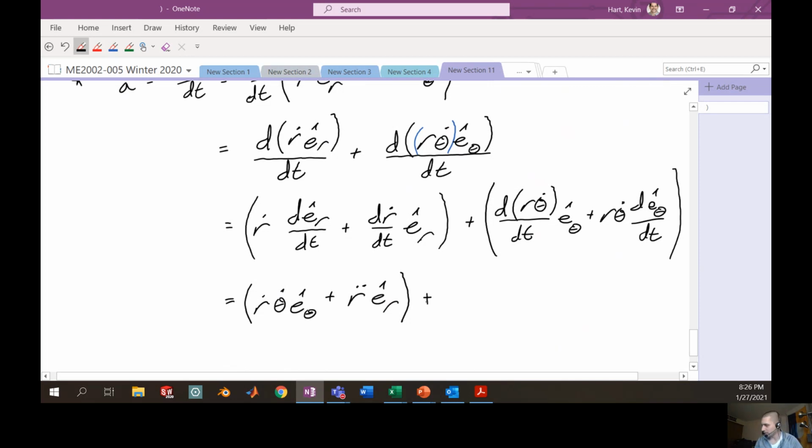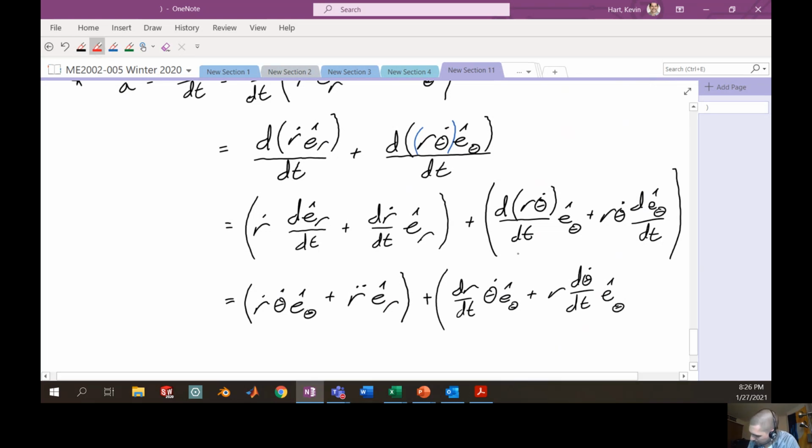Plus, okay, things getting a little crazy here. This here is just a constant value. No, actually, that is not a constant value. We have to consider this. Boy, this gets a little bit messy. We've got to employ our chain rule again, unfortunately. It would be dr dt times theta dot e hat theta plus r d theta dot dt e hat theta.